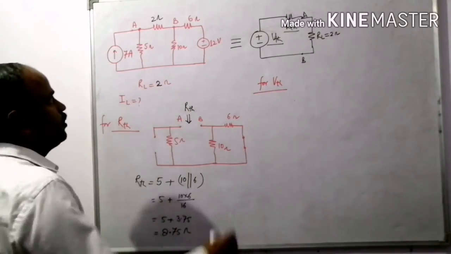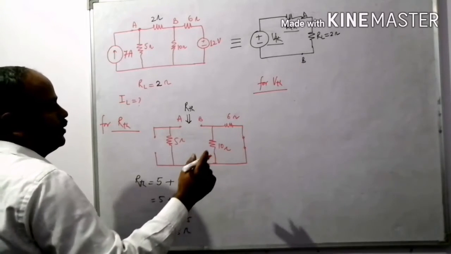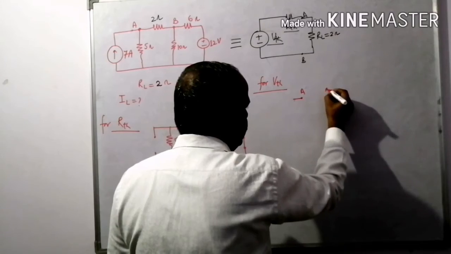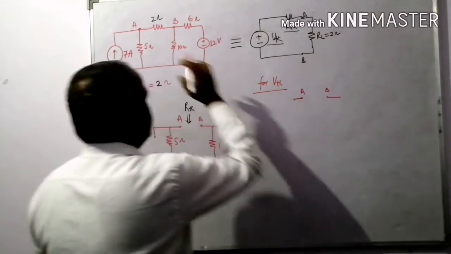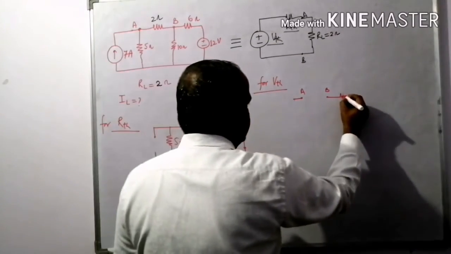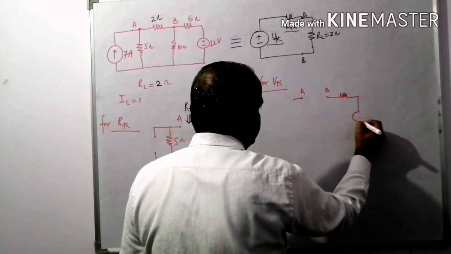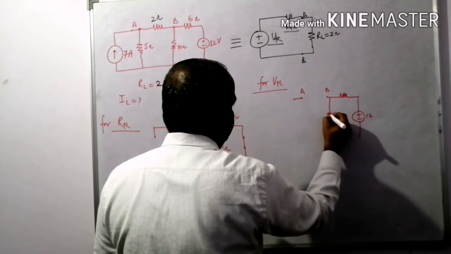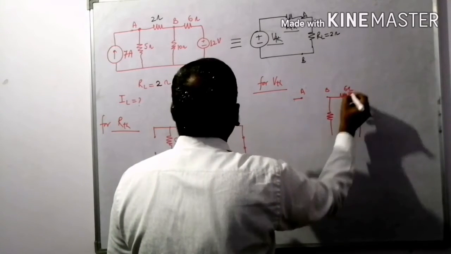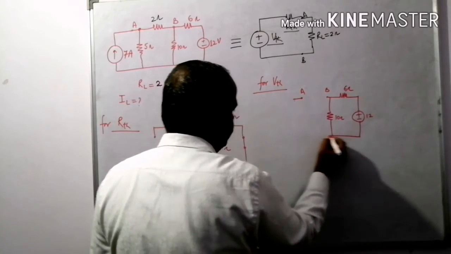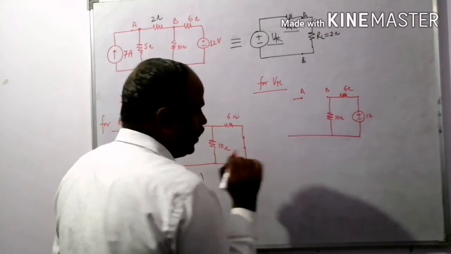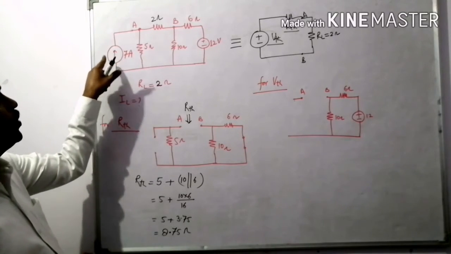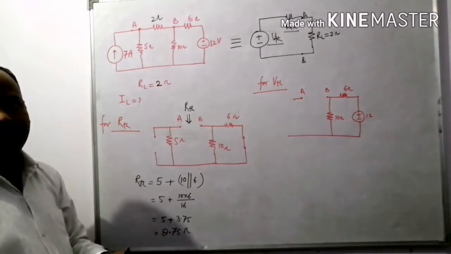For VTH, right? How can you calculate? Remove the load resistor. Okay, this is the point A and this is the point B. Here load is removed and rest are 6 ohm having the voltage source 12 volt. Here is the resistance 10 ohm like this. And now I am going to convert this current source into a voltage source.